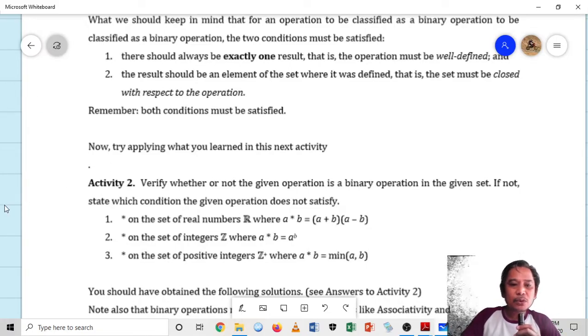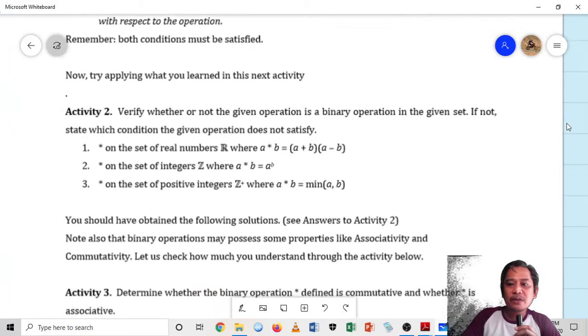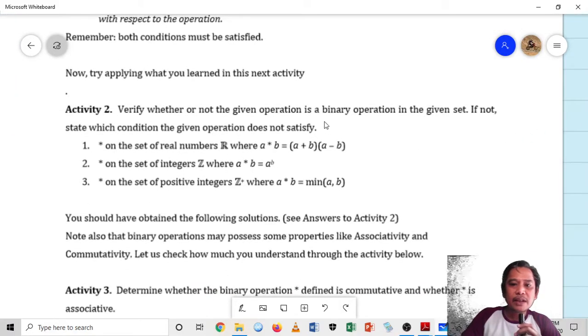So, let us proceed to activity 2. In our activity 2, we are to verify whether or not the given operation is a binary operation in the given set. If not, we have to state the condition which was not satisfied for it not to be a binary operation.